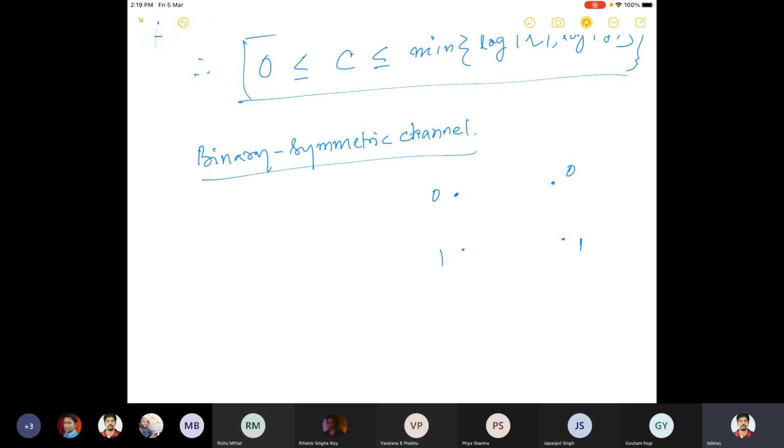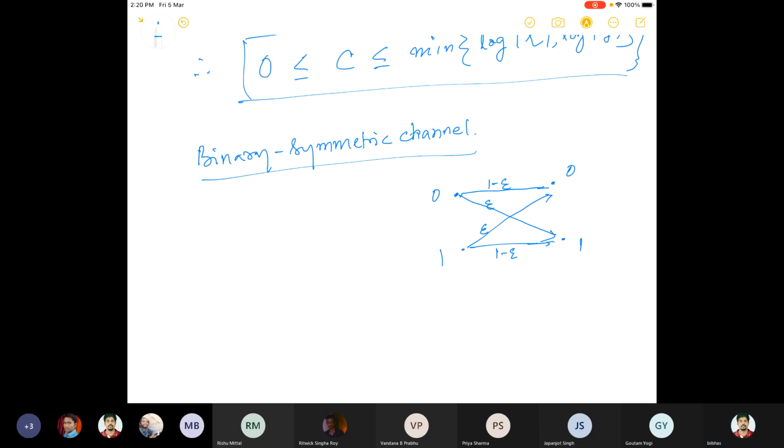There is a crossover probability, where 0 can go to 1, and let's say this crossover probability is epsilon. So this is epsilon, then it is 1 minus epsilon. And it is symmetric, so here also we have a similar situation: this is epsilon, and this is 1 minus epsilon. So this is my channel, and I want to find its capacity.